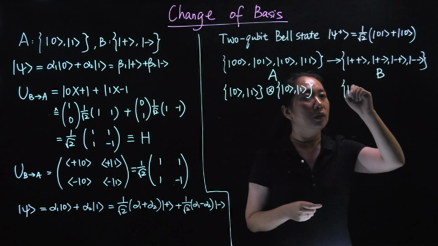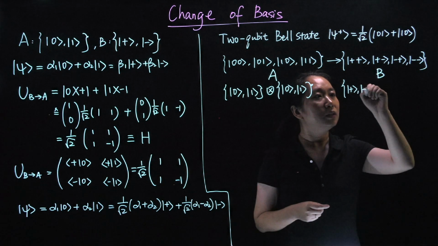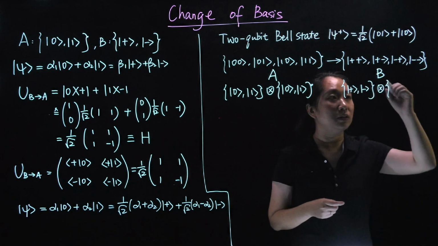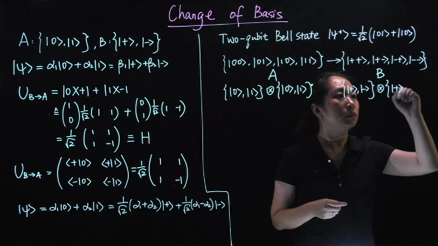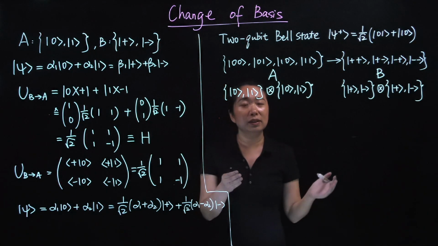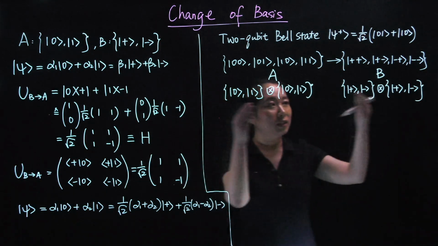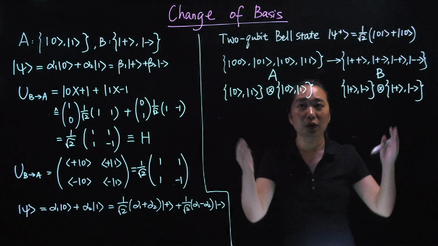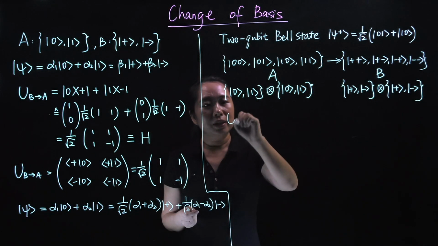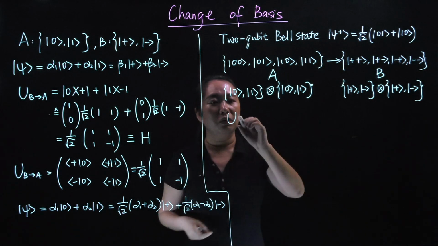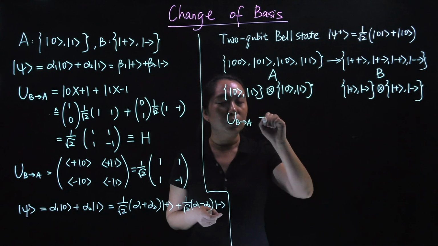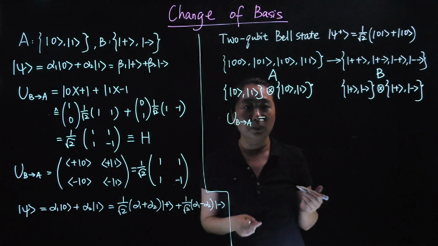So this is the plus minus basis for the first qubit, tensor the plus minus basis for the second qubit. We have seen previously that if we have such a tensor product structure, the operator U that gives us the transformation between the B basis and the A basis would also inherit this tensor product structure.